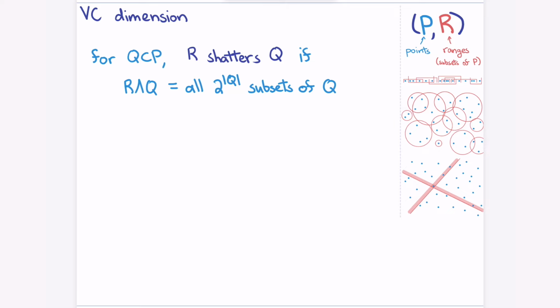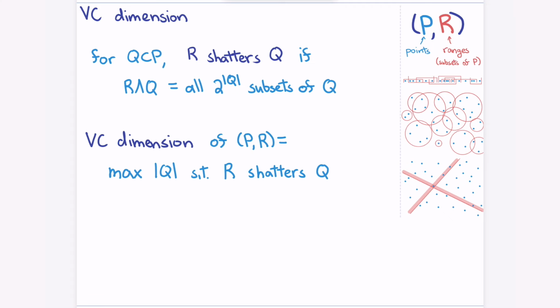And the VC dimension is the maximum cardinality of any set that can be shattered by the range space.